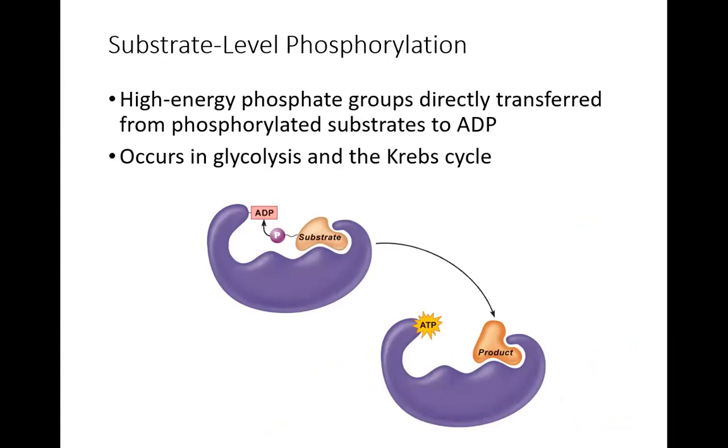It takes place in glycolysis and in the Krebs cycle too. So we transfer energy from one product to another in the form of the phosphate. Substrate level phosphorylation, not a big payoff, only in the cytoplasm or in the Krebs cycle.